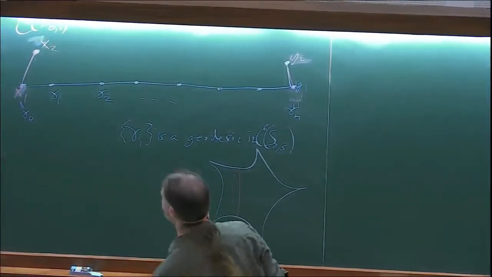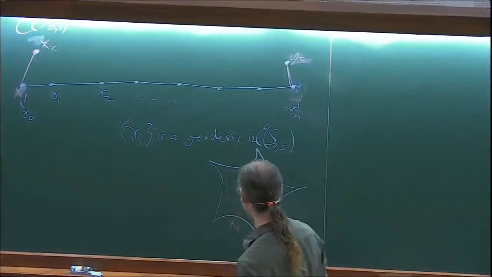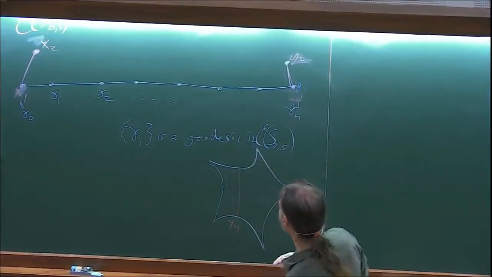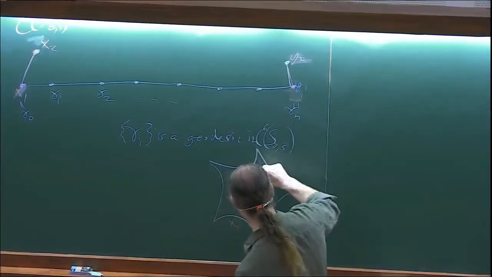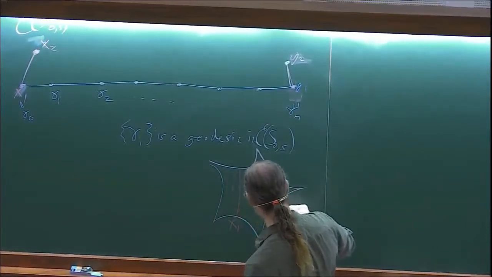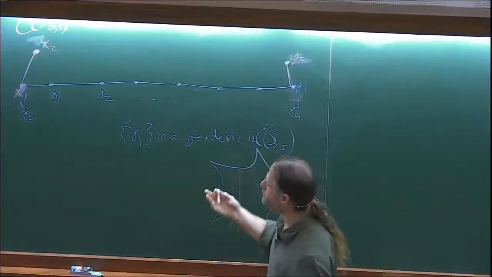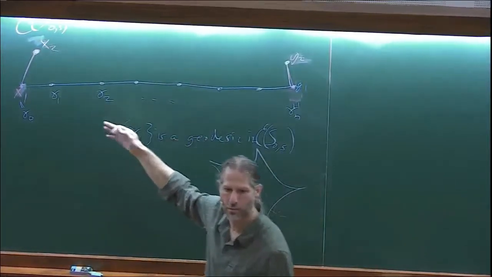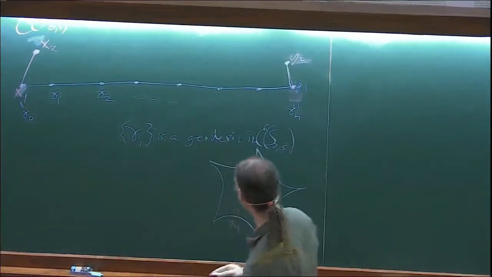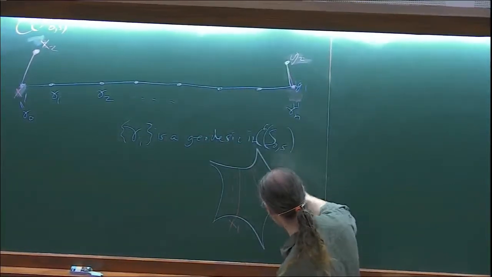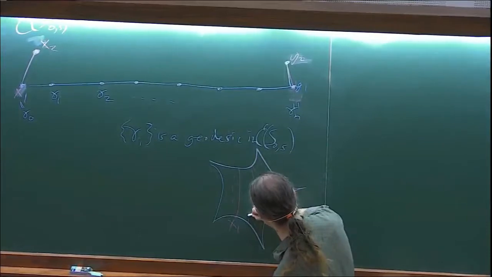Okay, so here's my curve X1. And then we have X2 somewhere here, which we've drawn already. I don't know exactly where gamma 1 is, but I do know that it's disjoint from gamma 0.